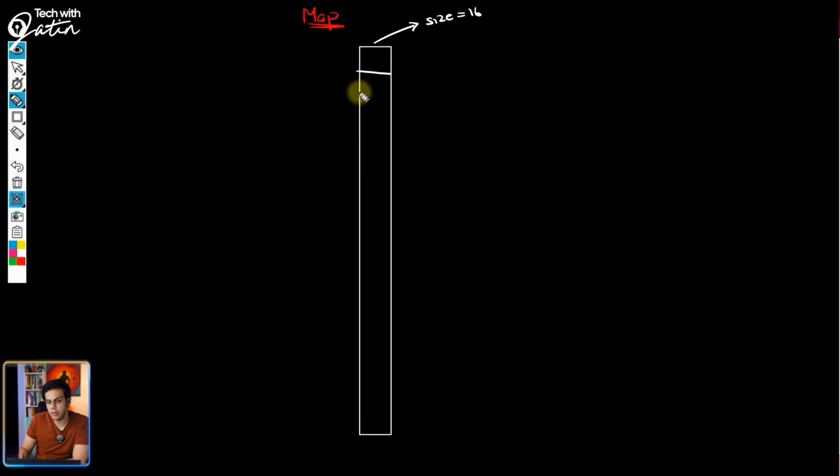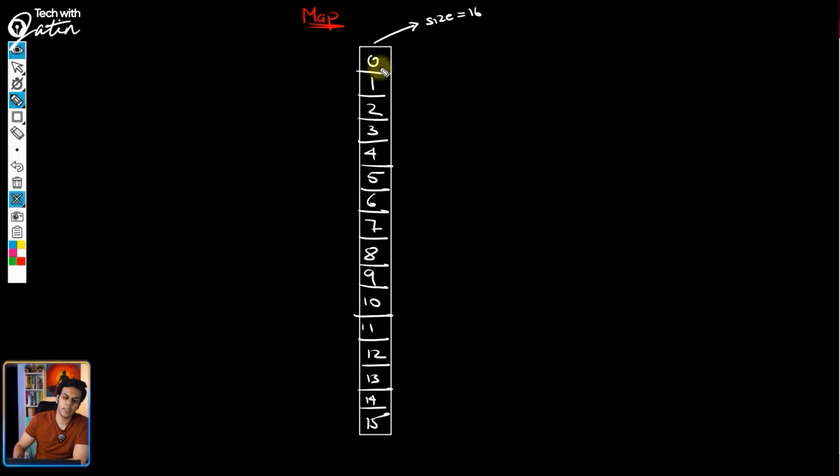So this is going to be the 0th index, this is the first index, second, third, fourth, fifth, sixth, seventh, 8, 9, 10, 11, 12, 13, 14, 15. The index is going to be 0 to 15. The size of this entire table is going to be 16.